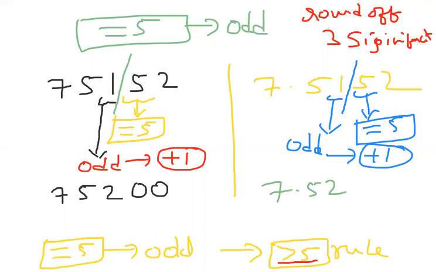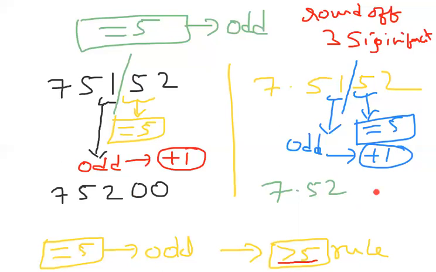Why must we not put zeros, sir? Because a decimal is there. You must not put ending zeros if a decimal is there. If the decimal is not there, you have to replace the digits with zeros. That is the rule for the odd case.